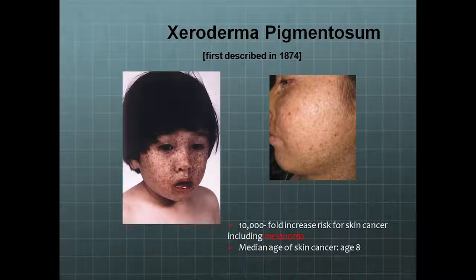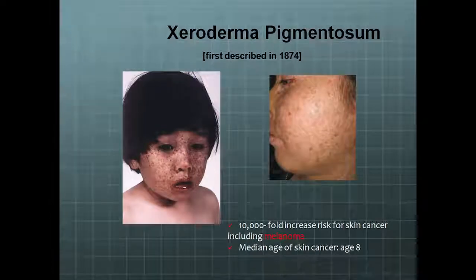These patients have a 10,000-fold increased risk of skin cancer, including melanoma. So usually you wouldn't have a child with a lot of freckling unless they have a xeroderma pigmentosum phenotype. And you can see the sun-protected areas don't have any lentigines. And it's very unusual at age 10 to develop a melanoma or a basal cell or squamous cell.